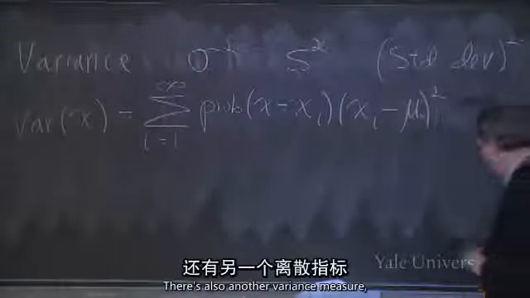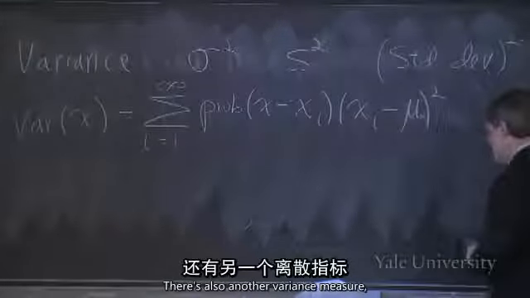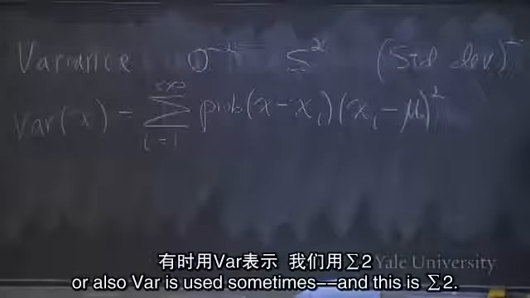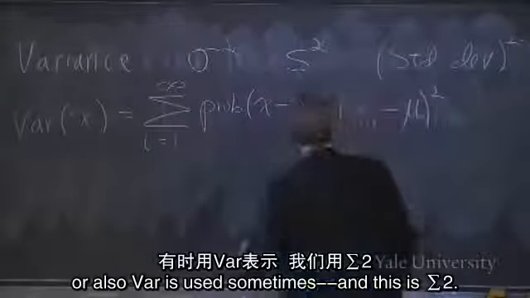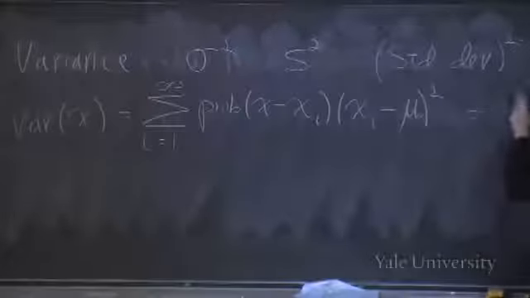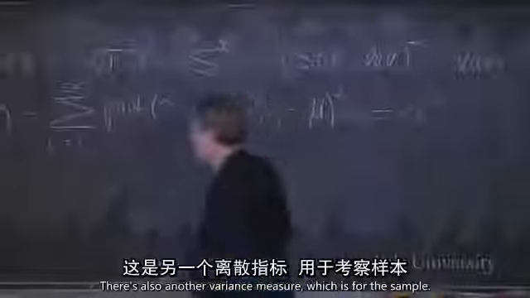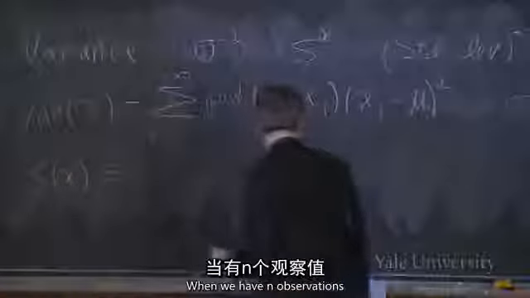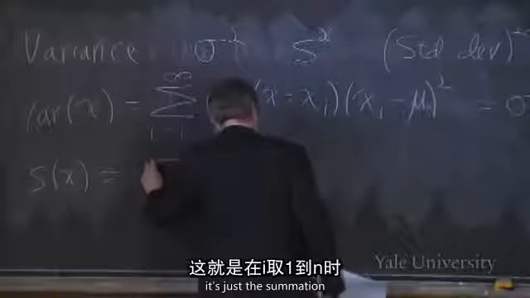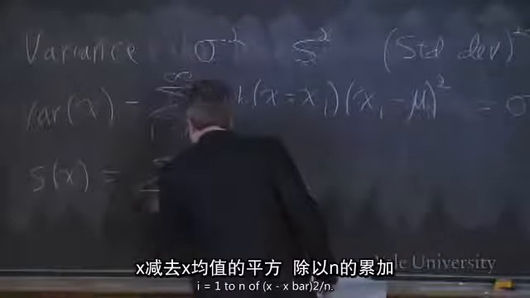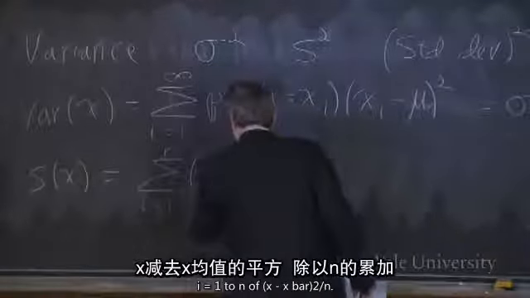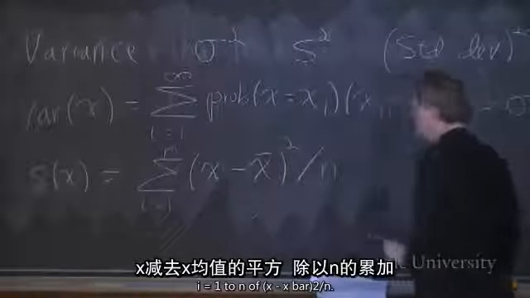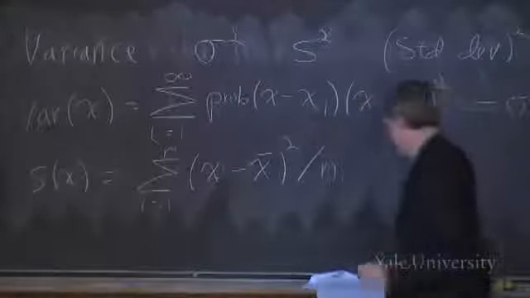There's also another variance measure, which we use for the sample, sometimes written var. So this is sigma squared. When we have n observations, it's the summation i equals 1 to n of (x minus x bar) squared, all over n.